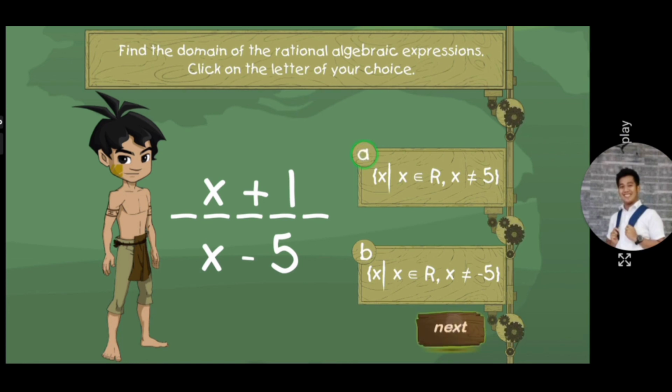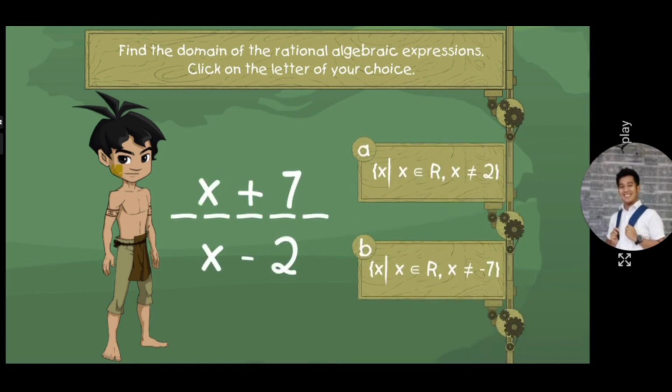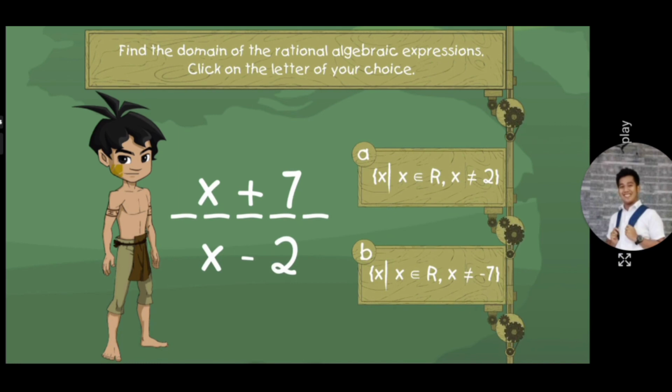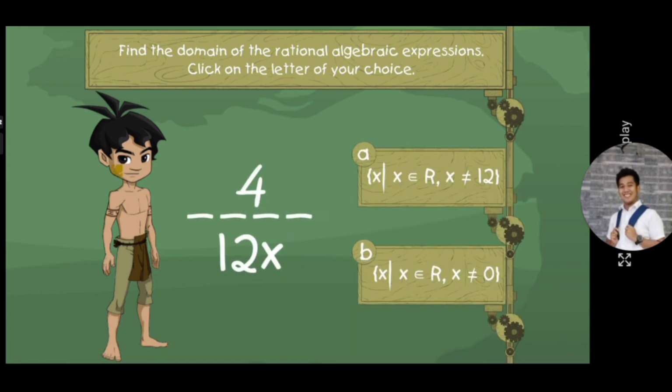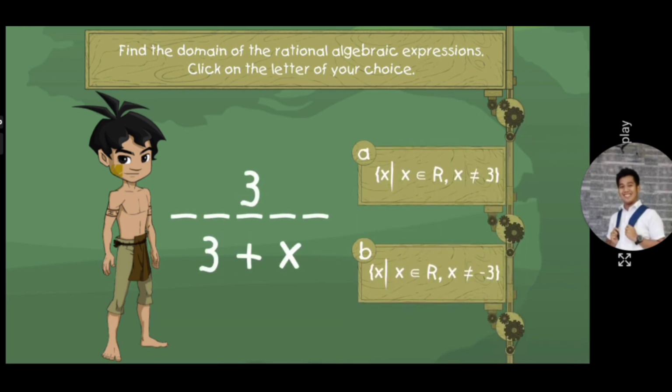Yes, that's correct. The other one, is it A or B? Positive 2 or negative 7? Positive 2. Very good. Next, how about 4 over 12x? 0. So the set of all x such that x is an element of real numbers where x is not equal to 0.